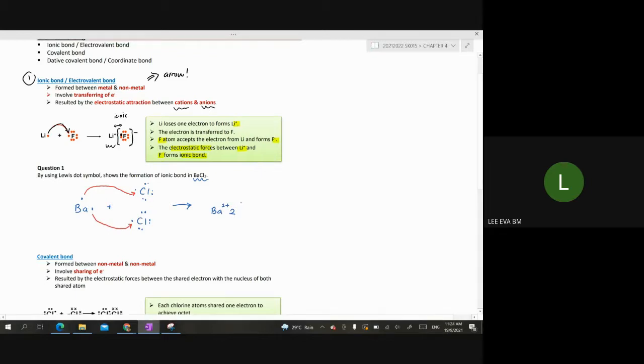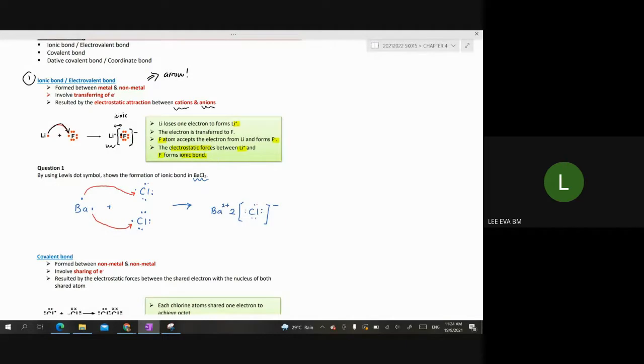Okay, and then over here we have a big bracket, and inside we have a Cl. Okay, so just now chlorine is 7 electron. Now after receiving 1 electron for 1 chlorine atom, it becomes octet. And don't forget your charge for chlorine is Cl minus. Okay, so make sure Ba2 plus and also Cl minus, they are close together. Okay, the forces between them are ionic bond.